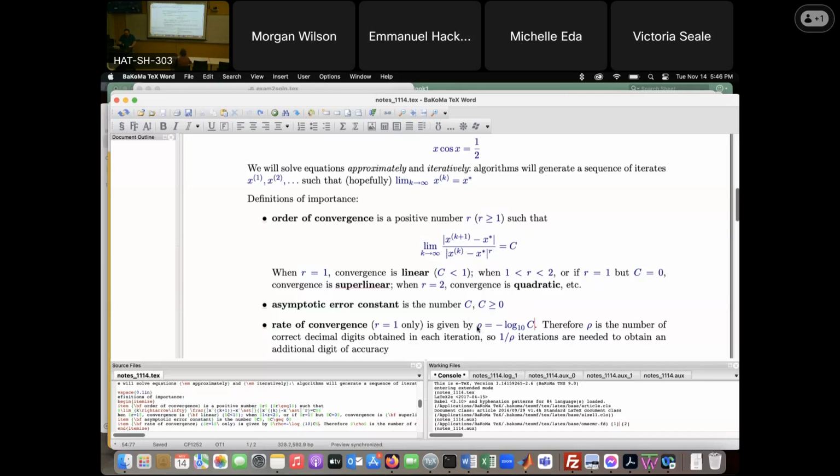Whereas if c was equal to 0.01, so 1/100th, then rho would be equal to 2. So you get 2 digits per iteration in that case. So only half an iteration is needed to get one new digit.